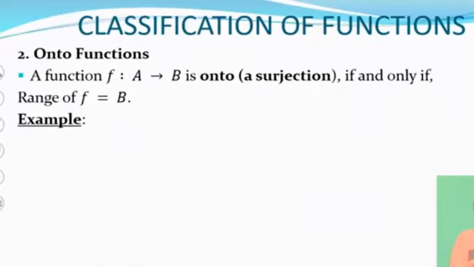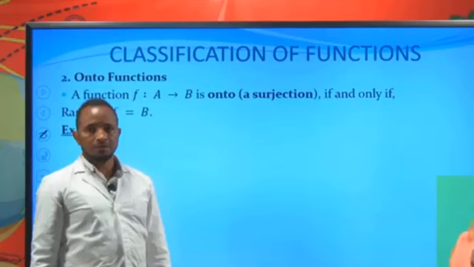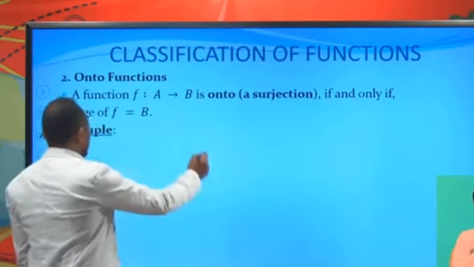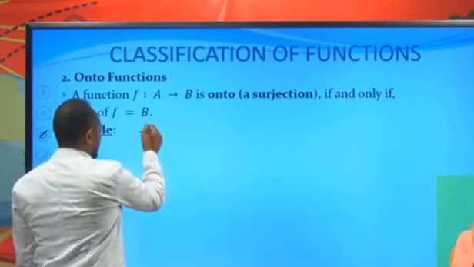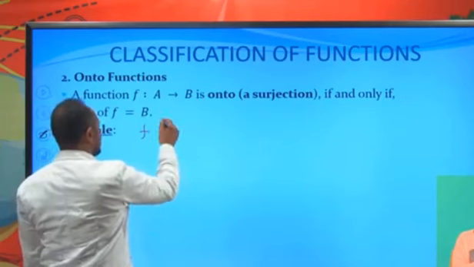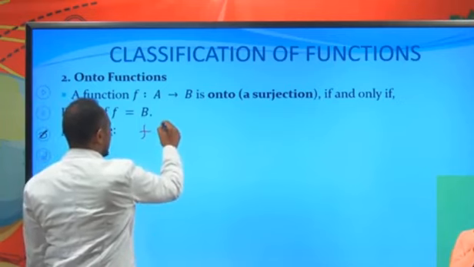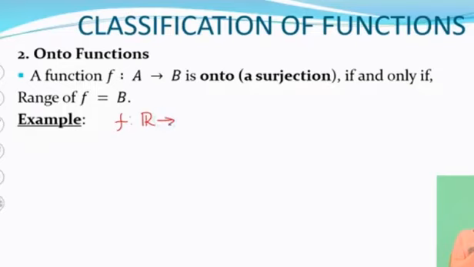A function f from A to B is onto, or a surjection, if and only if the range of f is B. So for example, let's take this one. F is a function from the set of real numbers to the real numbers defined by f of x equals x squared.